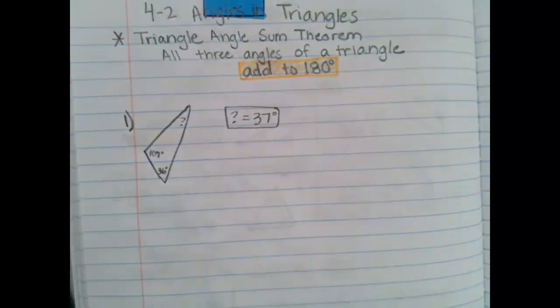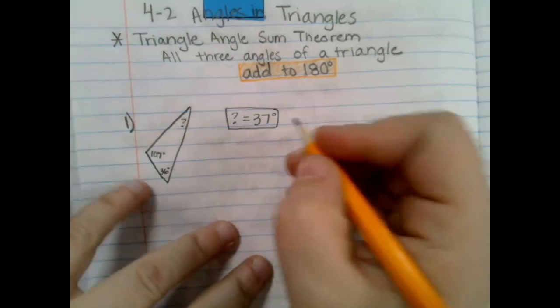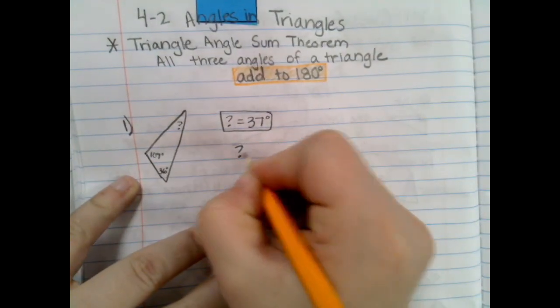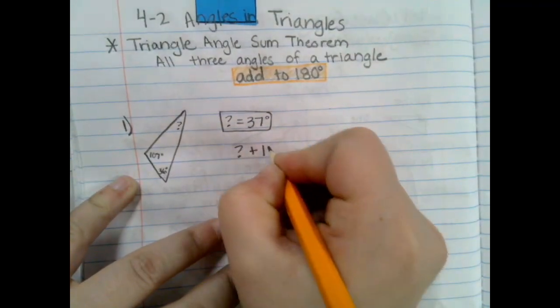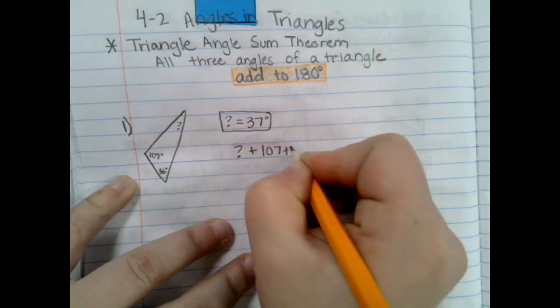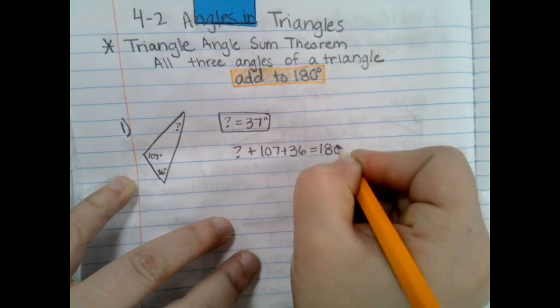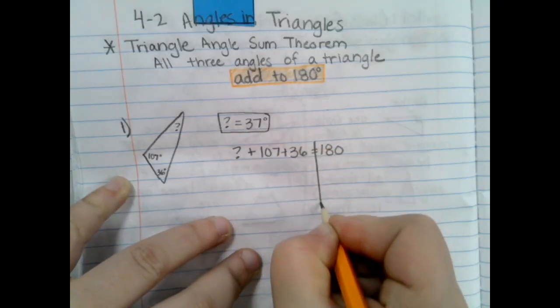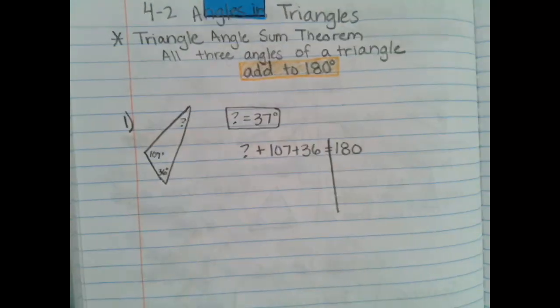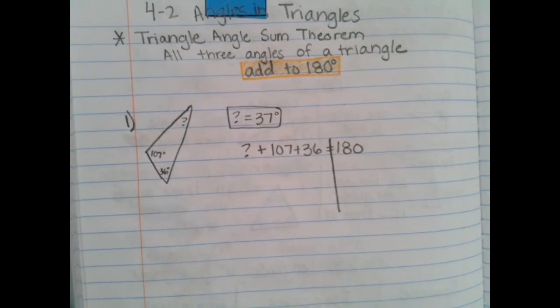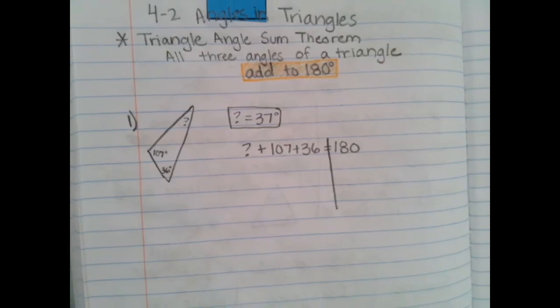Okay, a couple ways we could do that. Then we could show that work. We can show it as question mark plus 107 plus 36 equals 180. So those of you that said add them together first, then subtract, you technically wrote and solved an equation in your head. Did you actually write and solve an equation in your head?